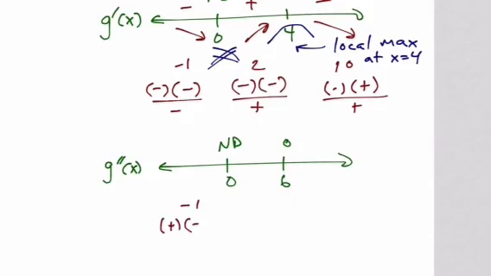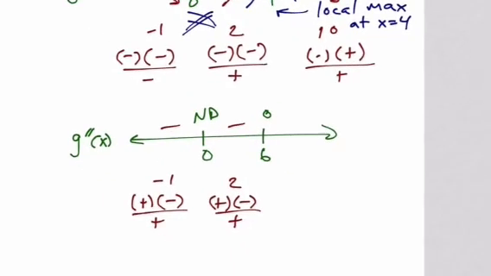Negative 1 minus 6 is negative, and the fourth power is positive. Something in between 0 and 6, like 2, we have positive 20. 2 minus 6 is still negative, and to the fourth power is still positive, so negative again.